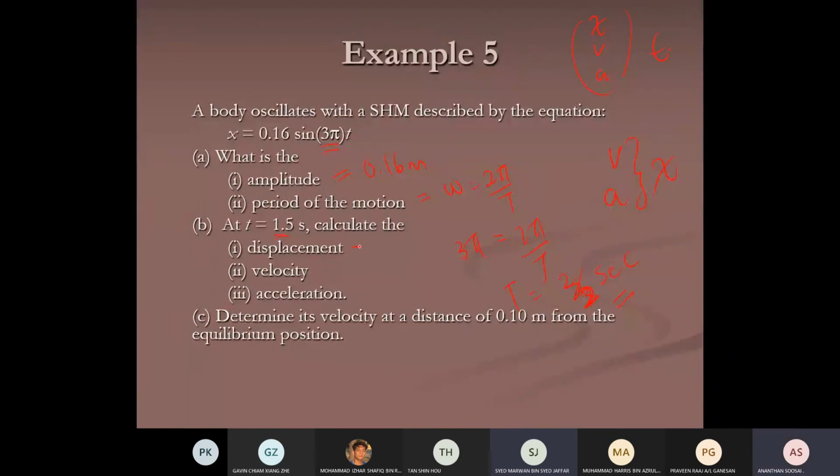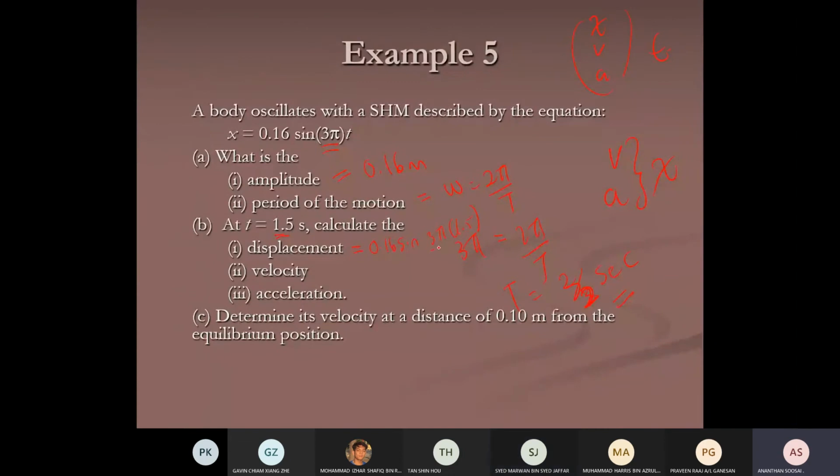So what formula to be used? Displacement, just straight away the one on top, right? Okay, use your calculator to calculate it out. 0.16 sine of 3 pi, the time you put 1.5 seconds.